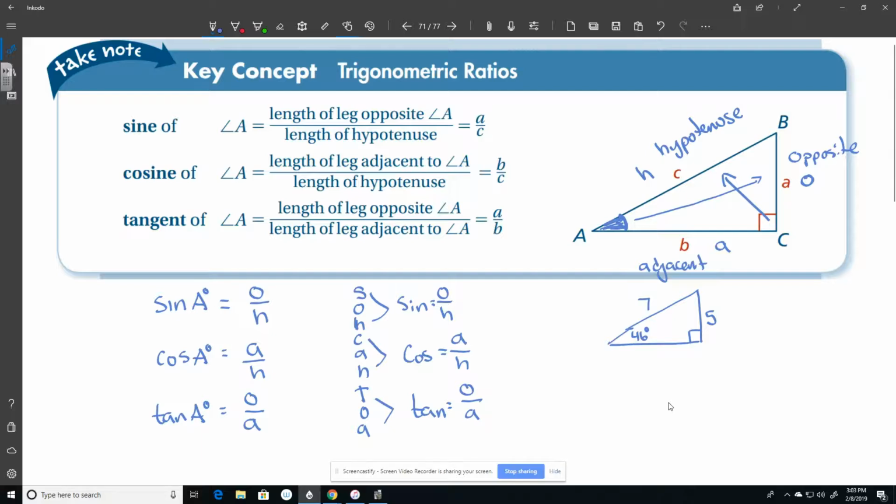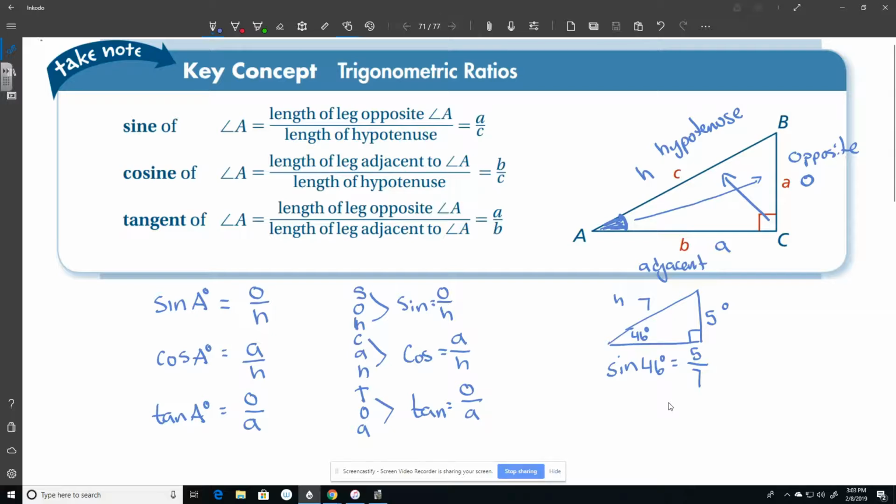I can write out one of these ratios. I can say that the sine, and I'm using sine because 5 is the opposite and 7 is my hypotenuse, the sine of 46 degrees is equal to the opposite side, 5, over the hypotenuse, which is 7. So the sine of 46 is equal to 5 over 7.